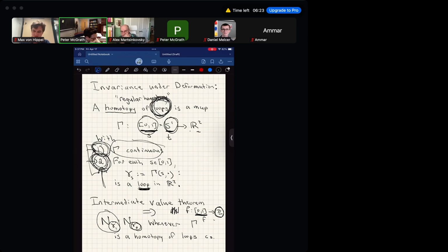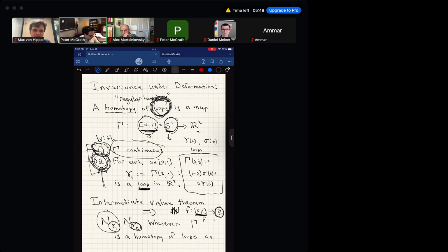So if I have, let's say, gamma and sigma, two different loops, I could define, let's say, 1 minus s sigma plus s times gamma.